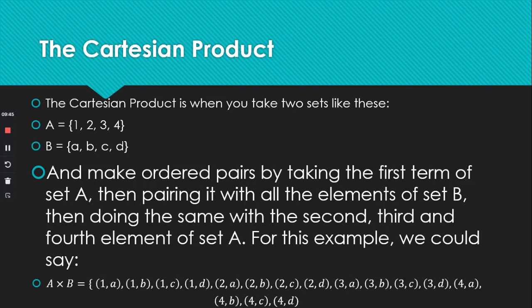If this sounds confusing, we did the same thing with ordered pairs, but instead of only the first term, we take the first term in A and put it with all of the terms in B. Same with 2, all the terms. 3, all the terms. 4, all the terms. And then you get this big set.